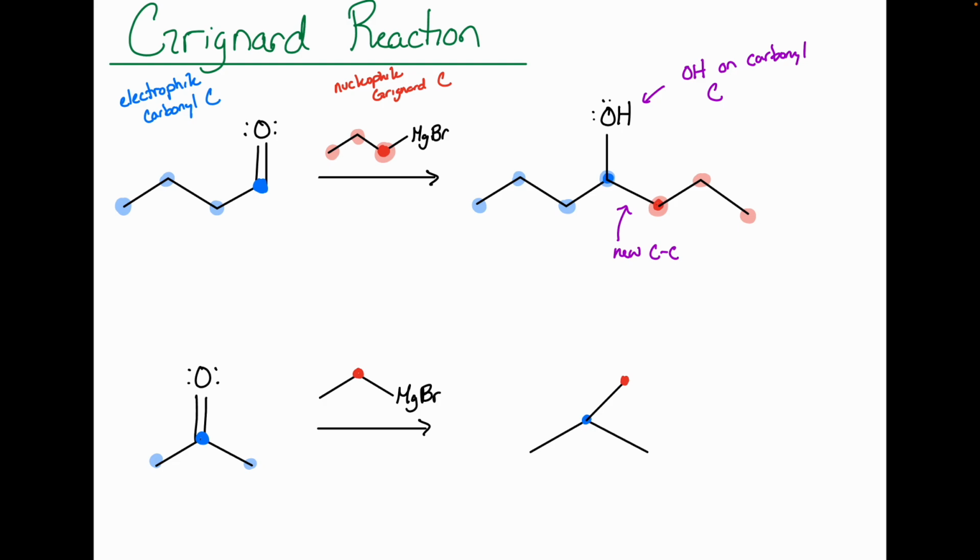And then I need to include 1, 2, 3 carbons from my electrophile. My nucleophile had these 2, so I need 1 more. All right, and then lastly, we don't want to forget our functional group. We have to have an alcohol product. Where does that OH go? Again, on that formerly carbonyl carbon, our blue carbon. That's how we get our alcohol.